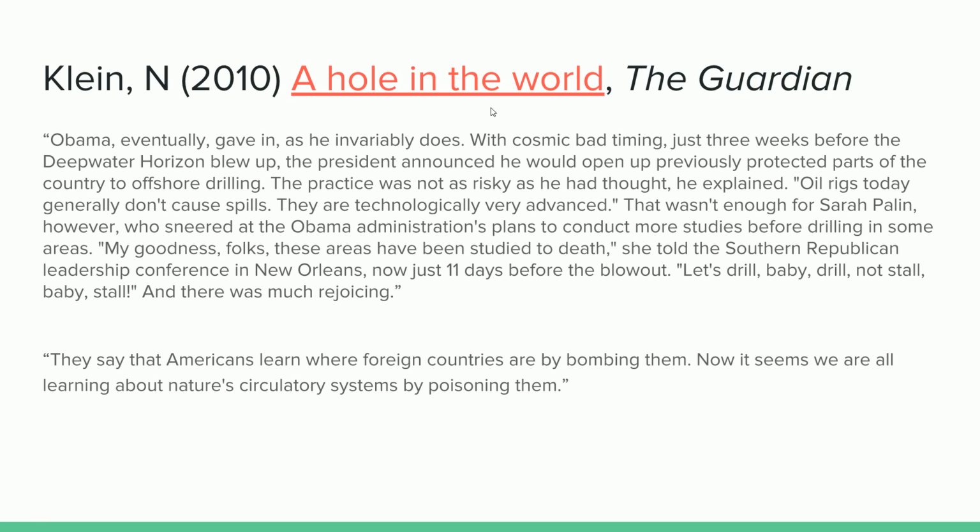This Naomi Klein article in The Guardian, and by the way, this is a perfectly fine citation: author name, year, title, publication source. Okay, so Naomi Klein in 2010 writes this article in The Guardian, "A Hole in the World." A lot of her focus is the impact and the frustrations of the local shrimping and fishing communities who depend on the Gulf for their livelihood, for their jobs.